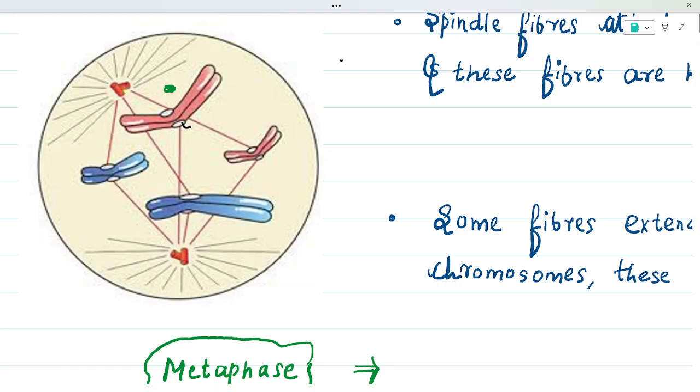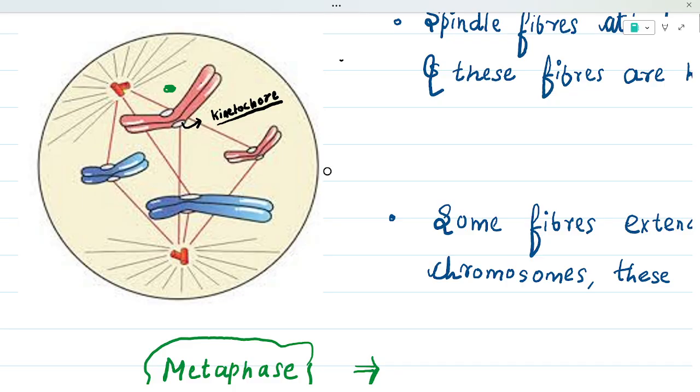NCERT does not explain much about prometaphase in the text part, but it is explaining it diagrammatically. This is your NCERT figure. This is the kinetochore, which are the disc-like structures and the attachment sites of the spindle fibers. These are present on the lateral sides of the centromere.